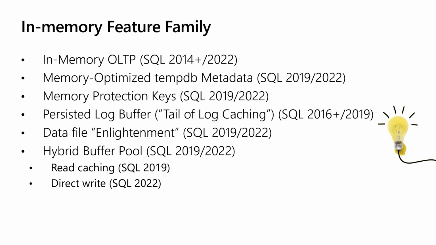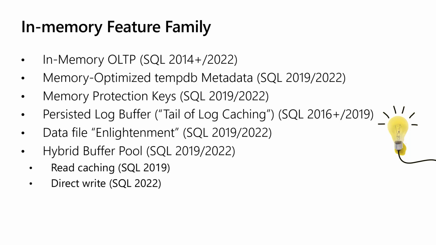So, looking at our list, we can see that the first three are independent of persistent memory. These first three are separate memory-based technologies. The first two are software constructs for SQL Server that, when data is considered in memory, optimize concurrent access. This could be Hekaton, also known as in-memory OLTP, or this could be memory optimized TempDB metadata.